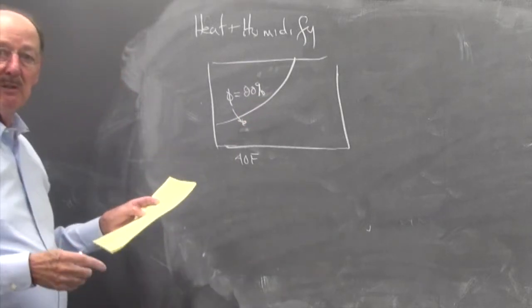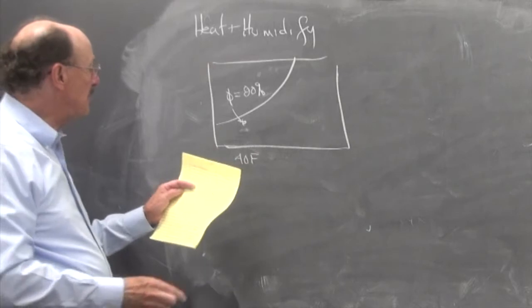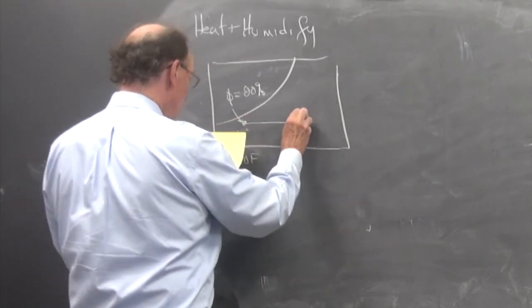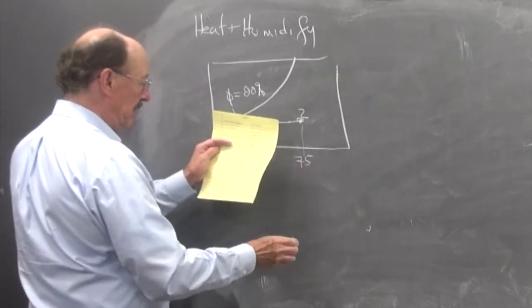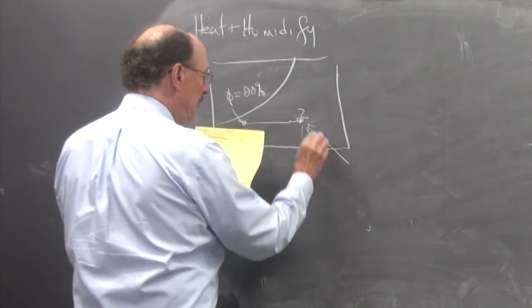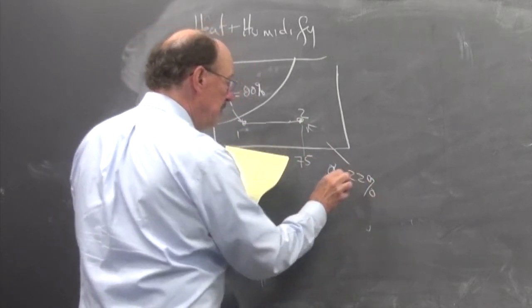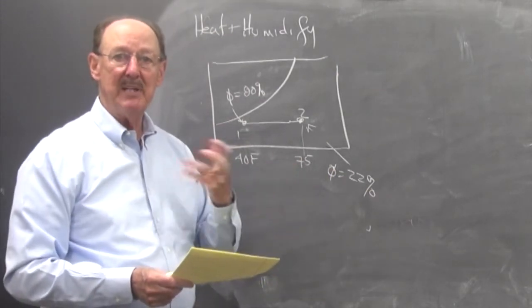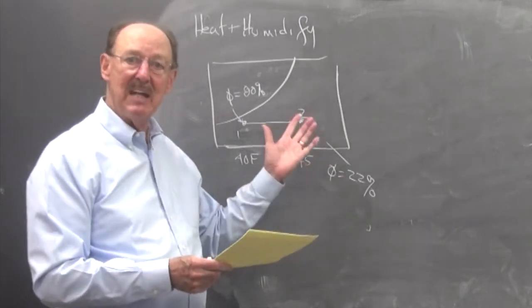So I'm there, it's 40 degrees, it's a cold fall day, and now I'm just going to heat that air up, 1 to 2, and I'm going to be here at 75 degrees Fahrenheit, and then I'll find that the relative humidity is 22%. So it's dry air, and what happens is that the mucous membranes in your nose, your mouth, etc., get dry and it's not as comfortable.